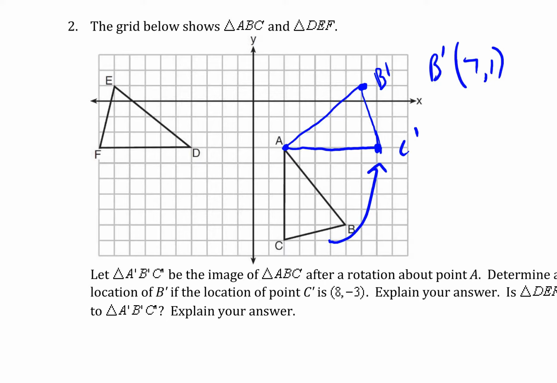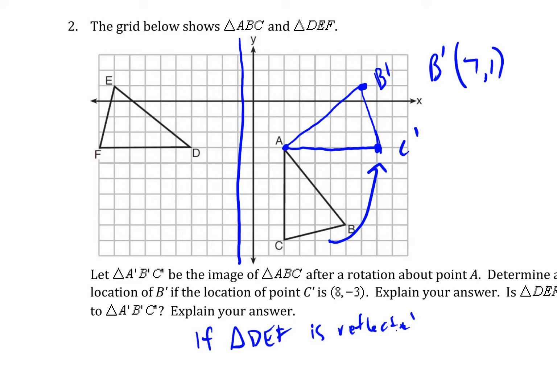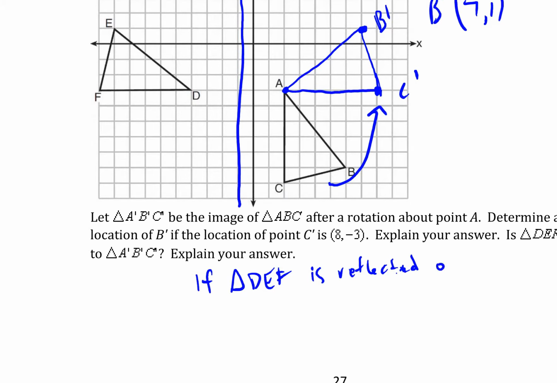Then it says, explain why DEF is the same size, or is congruent, to triangle A prime, B prime, C prime. Well, if I draw in this line, x equals -1, that's the line of reflection for these two triangles. So we can say if triangle DEF is reflected over x equals -1, it will lie on top of triangle A prime, B prime, C prime.